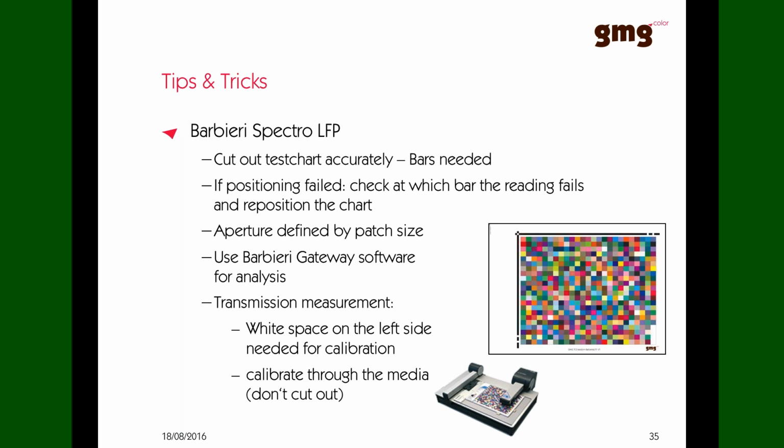The measuring device also can do a transmission measurement. When doing a transmission measurement, the device first calibrates itself, so it shines through a white part of your test chart page and calibrates itself.